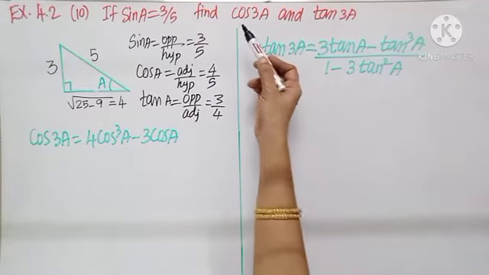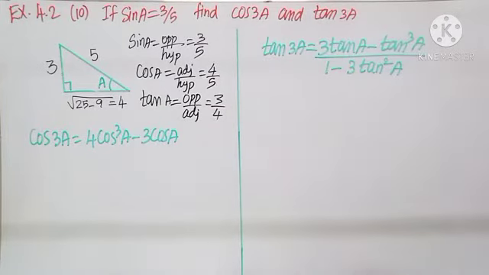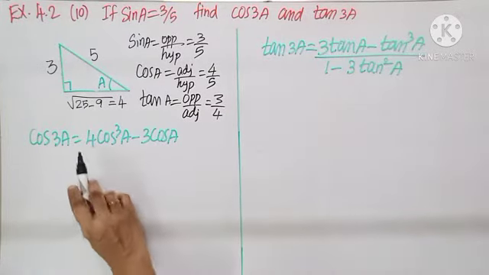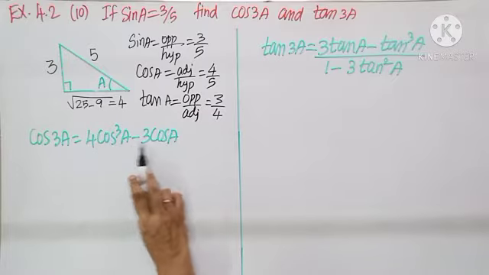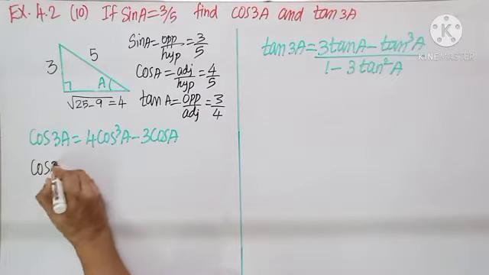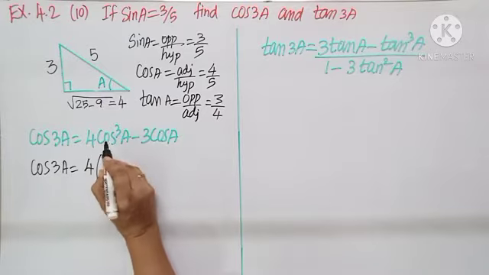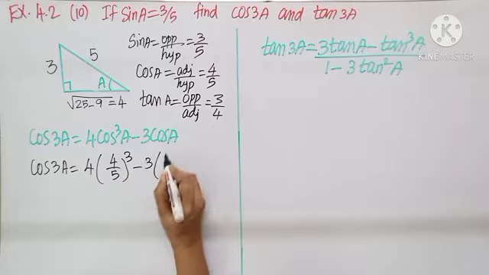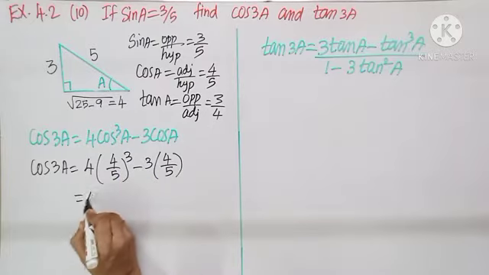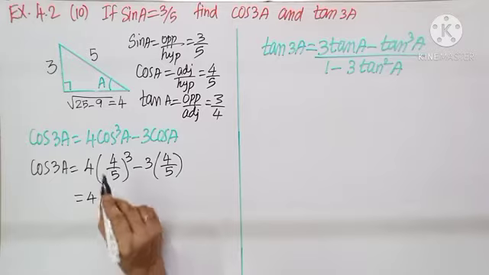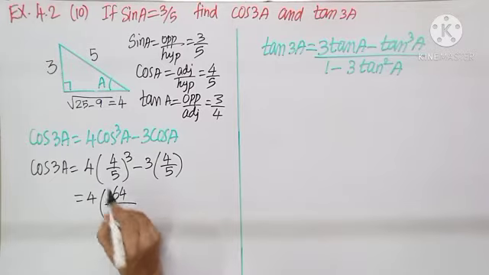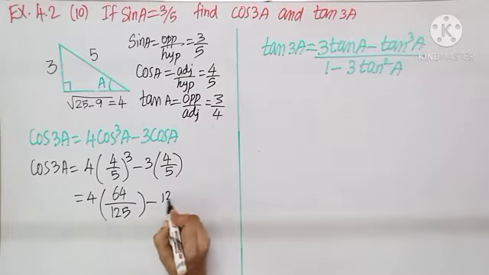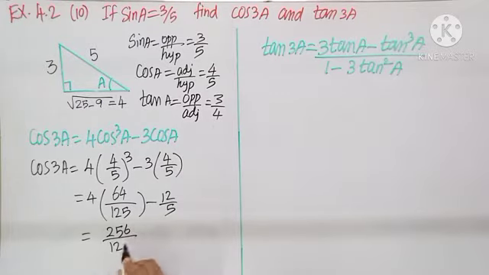What is the question? Find cos 3A and tan 3A. What is the cos 3A formula? 4 cos cubed A minus 3 cos A. Cos 3A equals 4 into cos A, which is 4 by 5, cubed, minus 3 into cos A, which is 4 by 5. 4 into 4 into 4 into 4 by 5 into 5 into 5 minus 12 by 5. 256 by 125 minus 12 by 5.